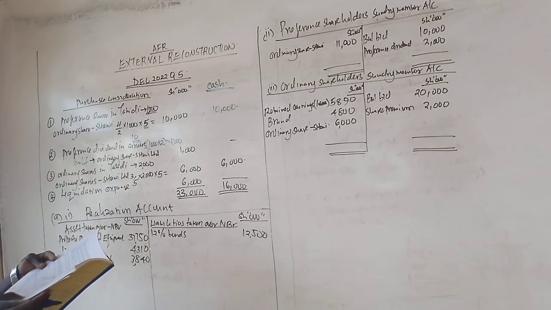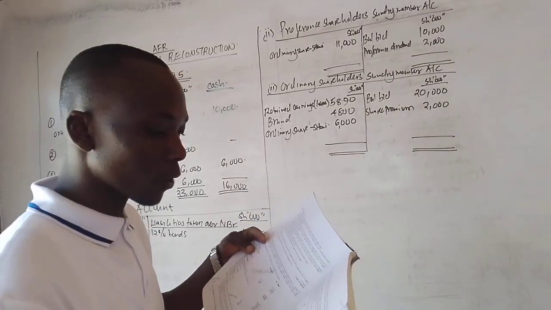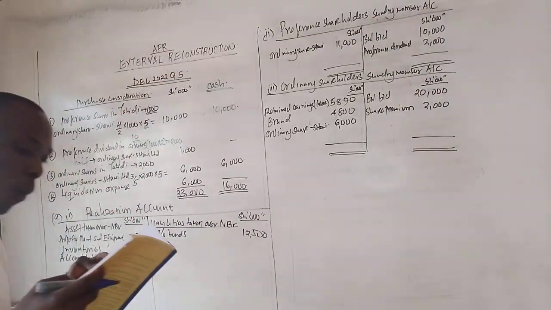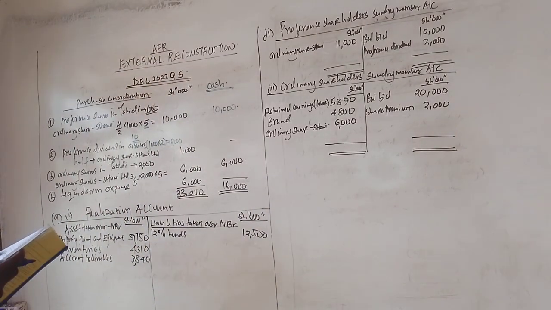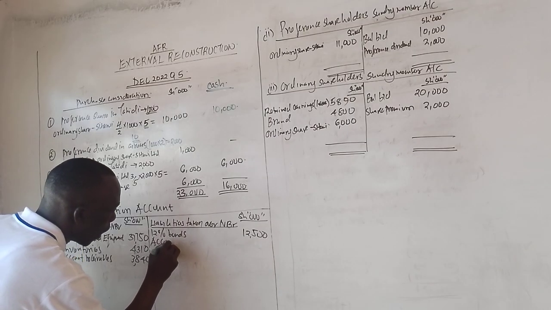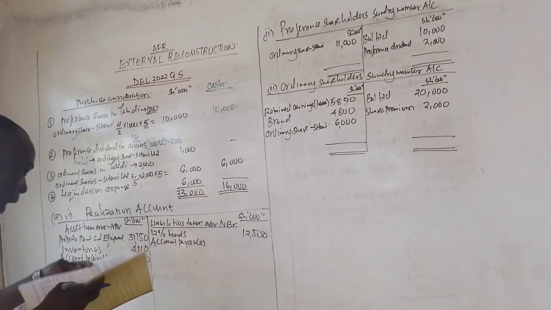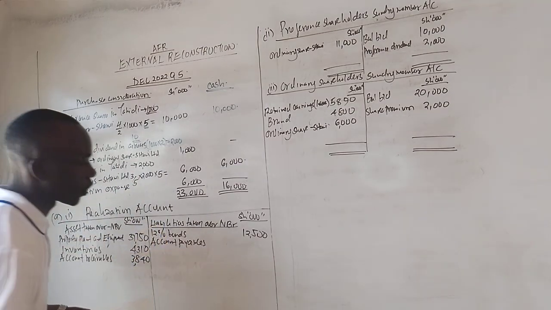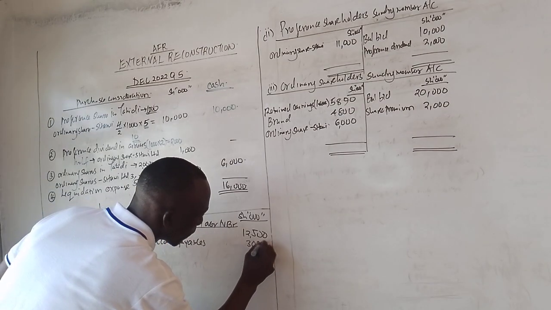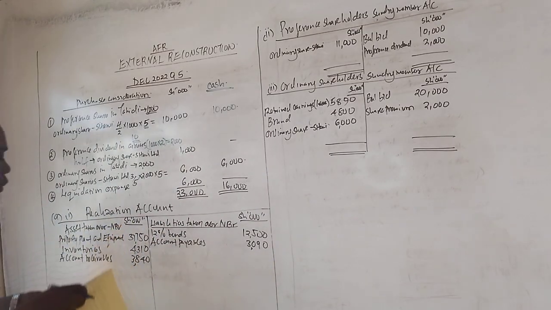Then in note number 6, you are told that the current liabilities of Tahidi Limited were transferred to Stawi Limited at their book value. So we have the account payables under current liabilities, worth 3,090.